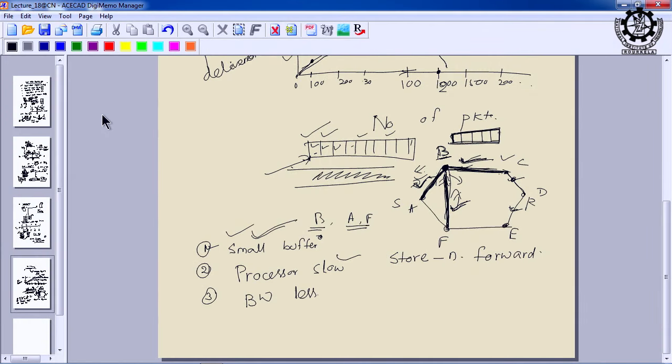So, usually these are the three factors that cause the congestion in any network. So, any algorithm that has to be found out has to be optimized, or a trade-off has to be found out with respect to the buffer size, the processor speed, and the bandwidth of the network associated with it.